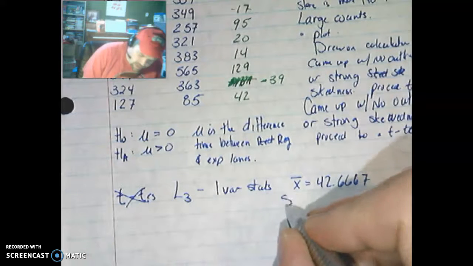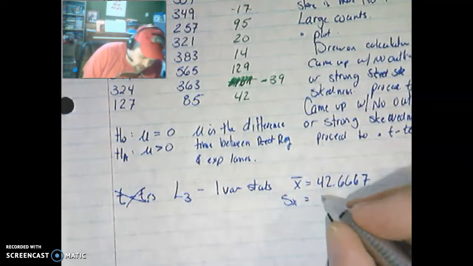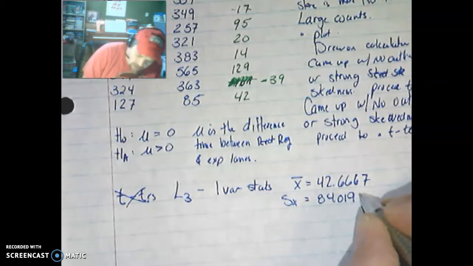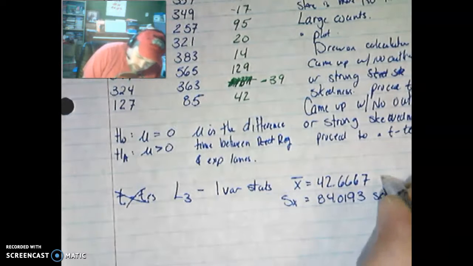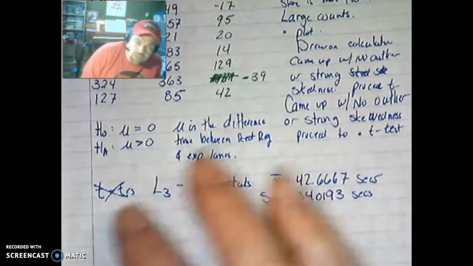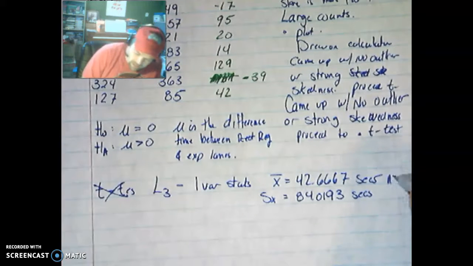We have a sample standard deviation of 84.0193 seconds. And then, of course, our n is equal to 15.